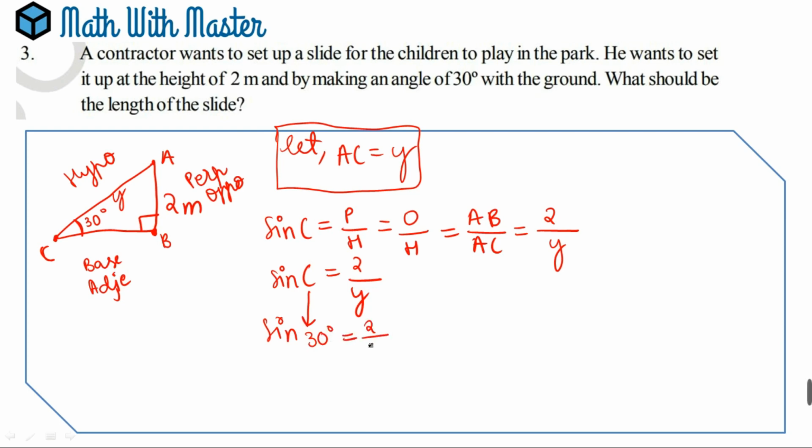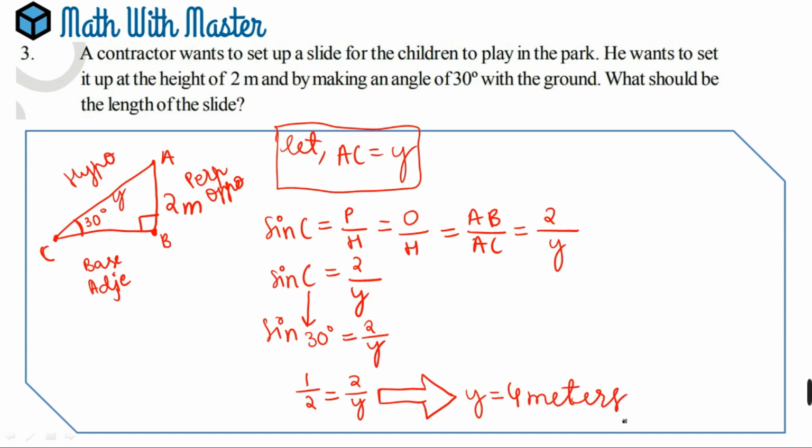Sine 30 degrees is equal to 2 upon Y. Sine 30 degrees is equal to 1 by 2, everyone knows, and which is equal to 2 by Y. So by cross multiplying, the answer we get is Y is equal to 4 meters.